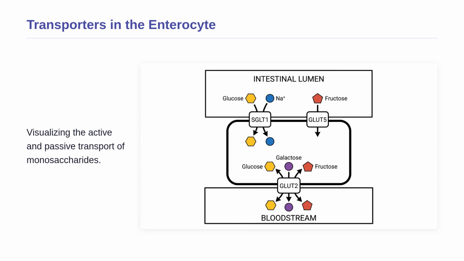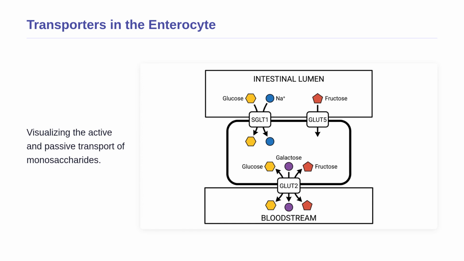Having calculated the absorption rate, let us visually reinforce what is happening at the cellular level. In this diagram, you are looking at a single intestinal cell, or enterocyte. At the top is the intestinal lumen, where the digested food sits. Notice the SGLT1 transporter actively pulling the yellow glucose molecule alongside a sodium ion.